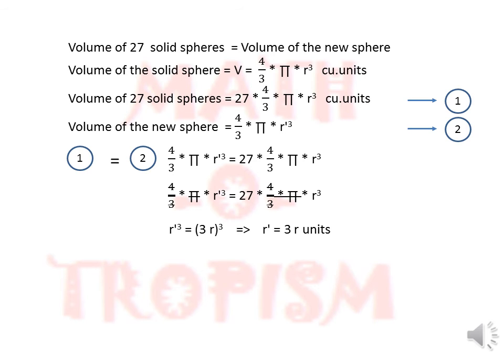Now 27 r cube can be written as 3 cube r cube or 3r the whole cube, which means my r dash, that is the radius of the new sphere, is equal to 3r.